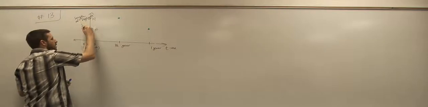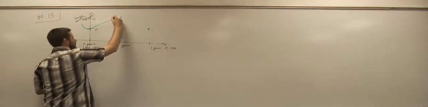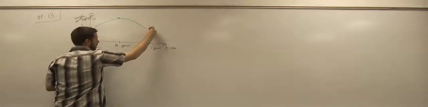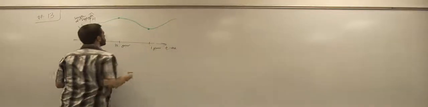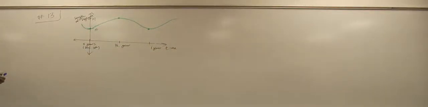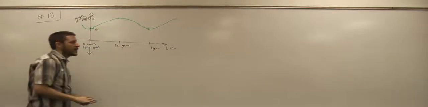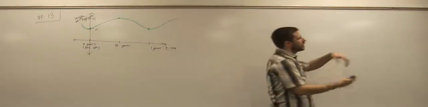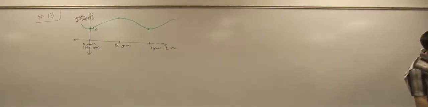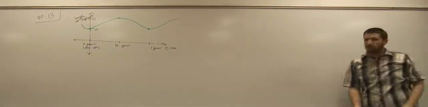So our function that models the length of daylight looks something like this, which can be modeled by a sine or cosine function. And in fact, you should write your function as L plus A cos omega p.